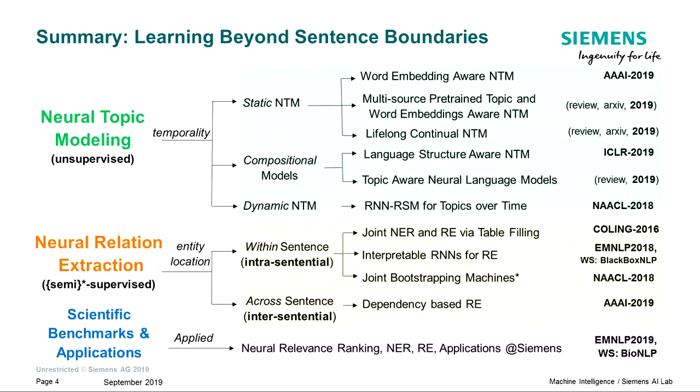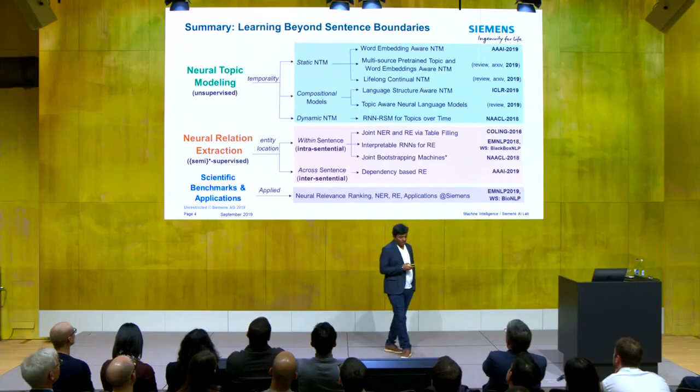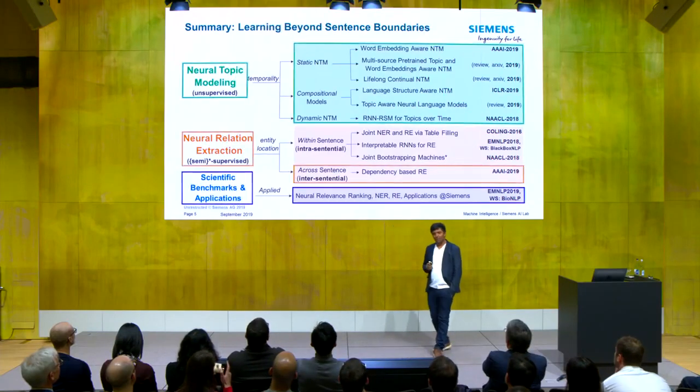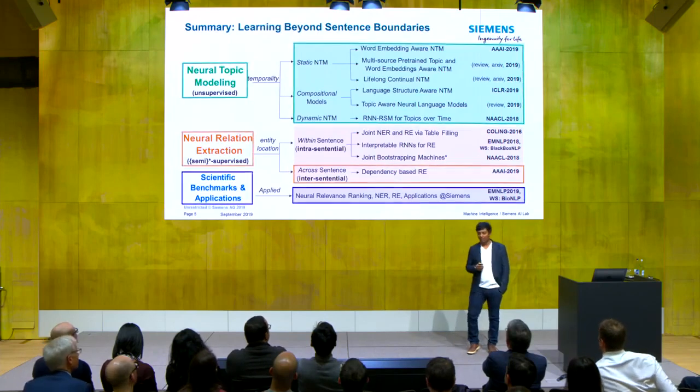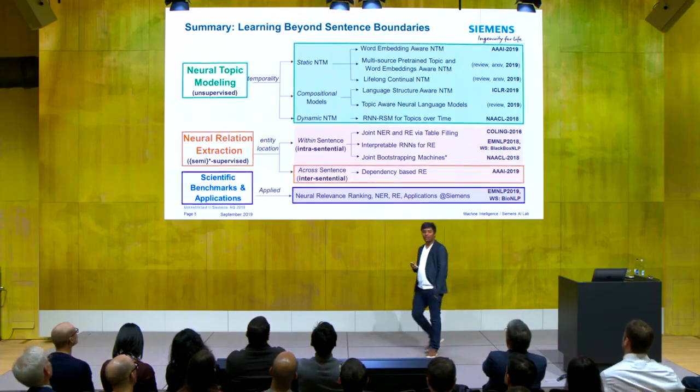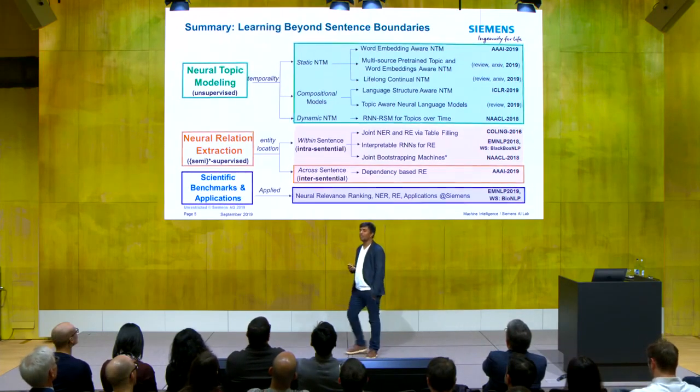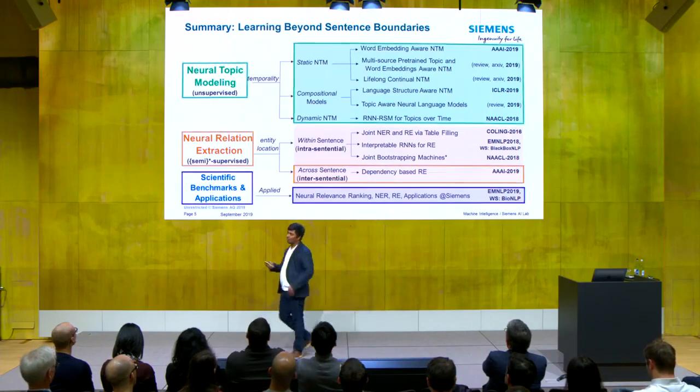Okay, so there's a lot to talk about, but we have only 20 minutes. So I'll focus mostly on the fundamentals. Since I recently graduated, I will mostly focus on some of the scientific aspects. So I'll talk about topic modeling. What is topic modeling? Many people get confused. You see the title, Learning Beyond Sentence Boundaries. So the idea is learning representations beyond sentence boundaries.